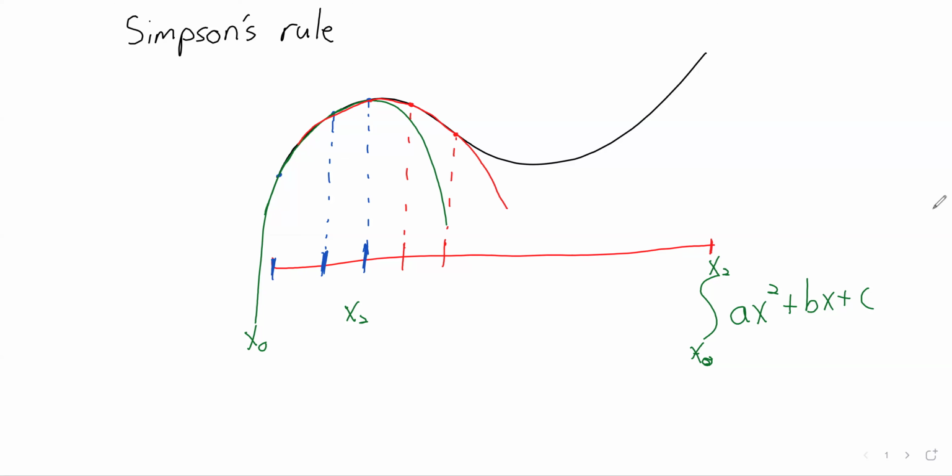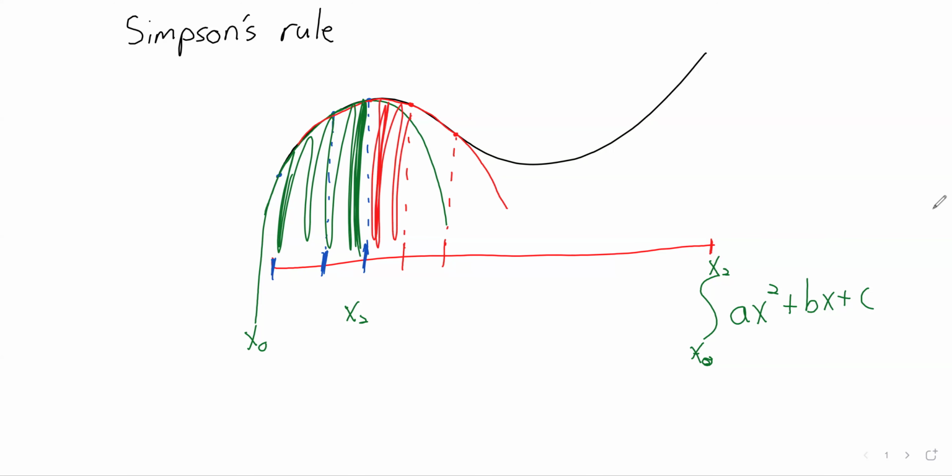The first polynomial is giving us the area of the first 2 intervals. The next polynomial is giving us the area of the 2 intervals after that, and so on. So intervals have to be added in pairs because we need 3 points.